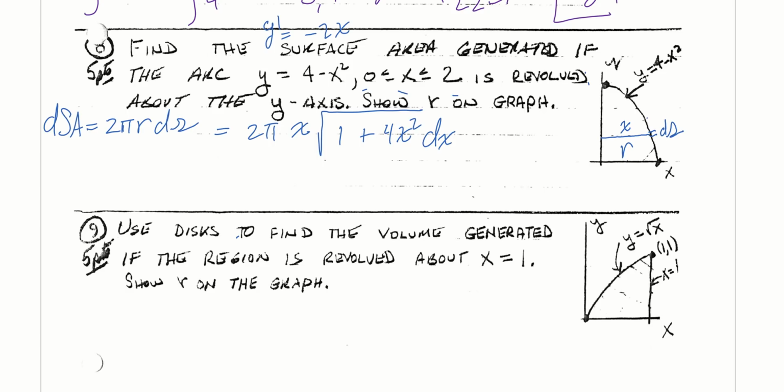And it is. If you make this our u, we're going to get 1 plus 4x squared, du equal to 8x dx. So we have that x dx to assist us with our u. So we know we can integrate this.